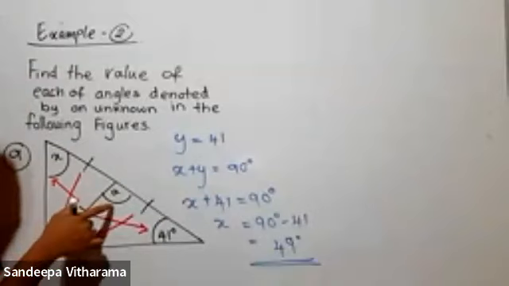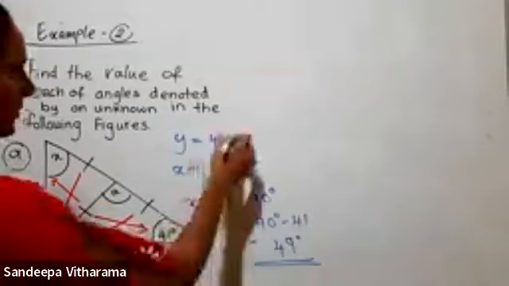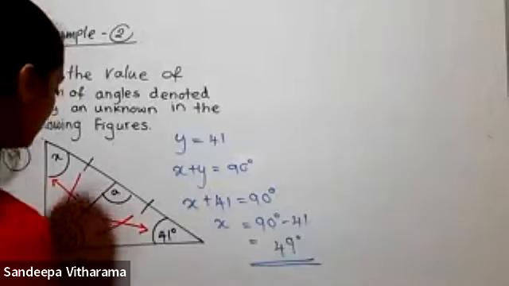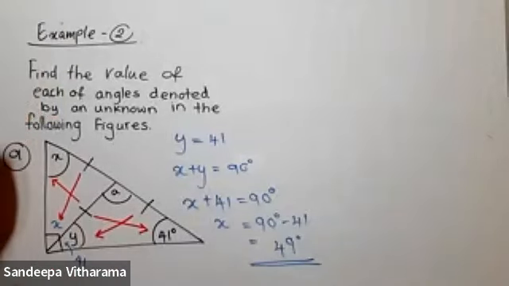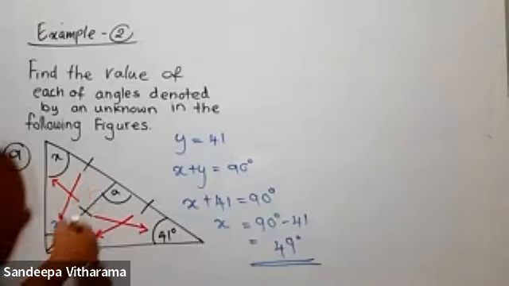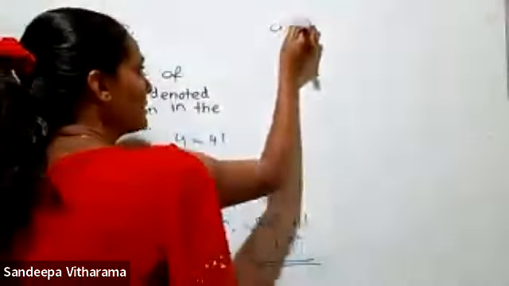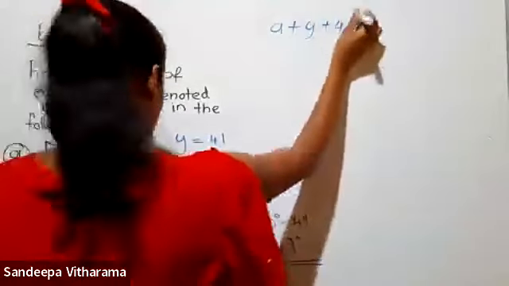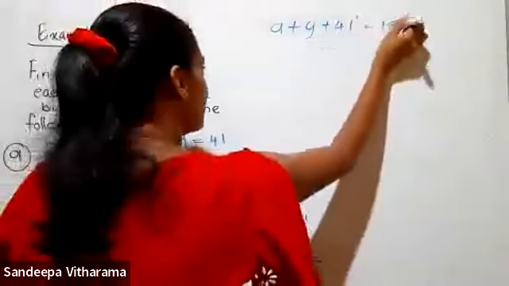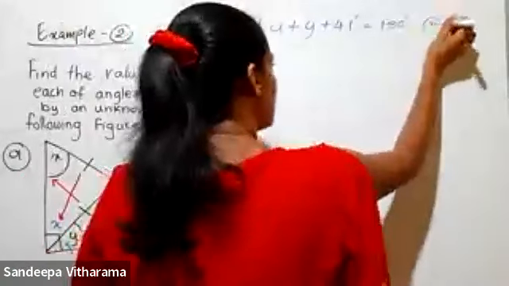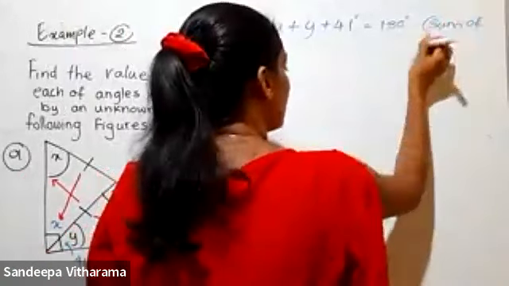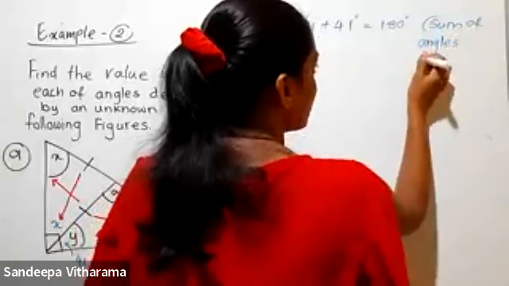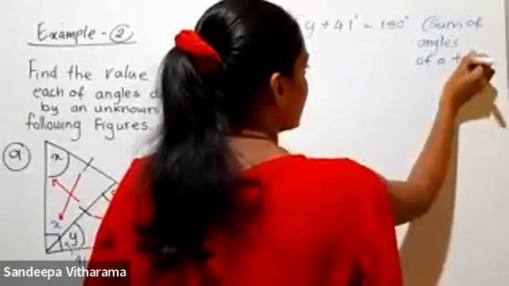Then here it's remaining a. Now the reason for both in this question is that the angles opposite to the equal sides are equal. Then here we can write a plus y plus 41 equals 180. Reason is the sum of angles of the triangle.